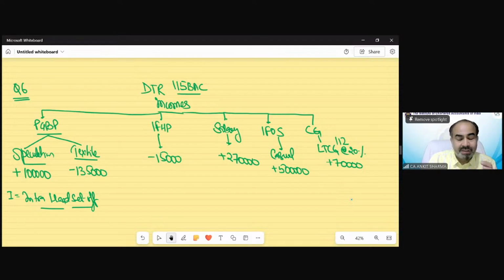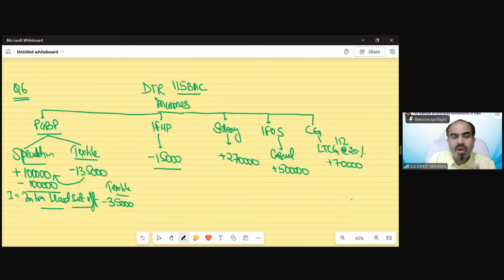Yes, the speculative loss cannot be set off from speculative income, but speculative income is ready to set off the loss of normal business. So out of this 1,35,000 loss, we can set off our 1 lakh rupees loss of textile business from our speculative income. After this, I am remaining with the 35,000 loss of my textile business.